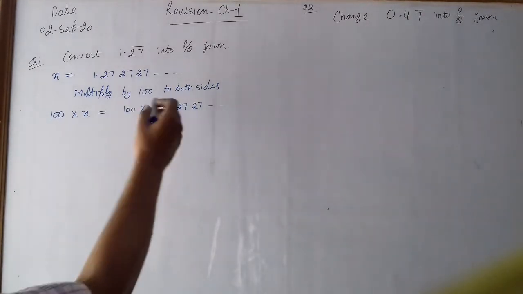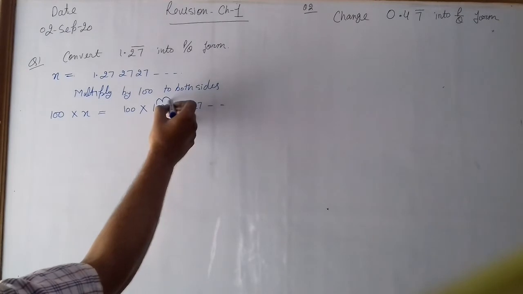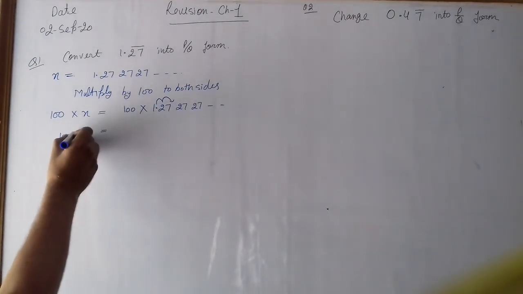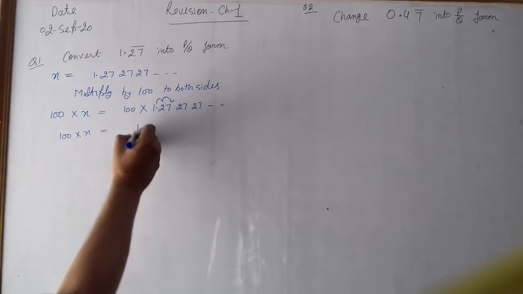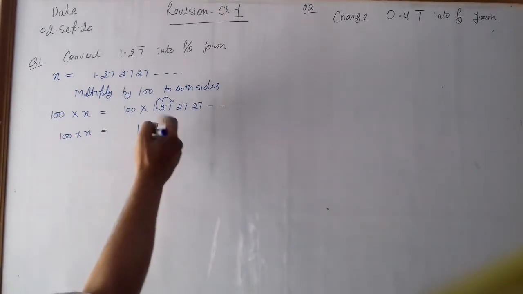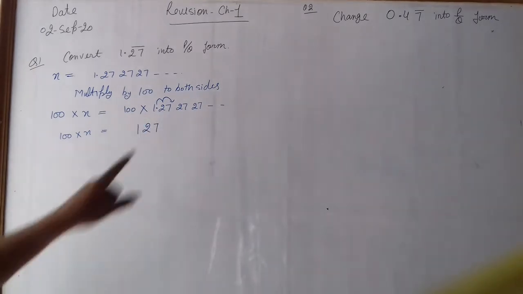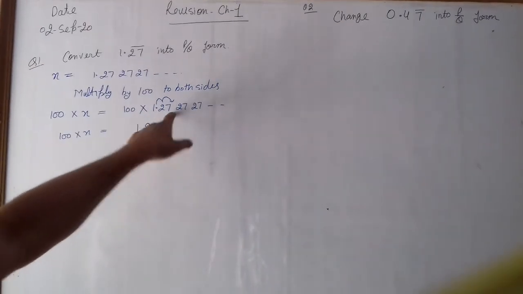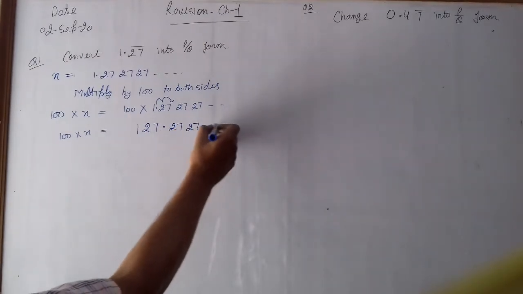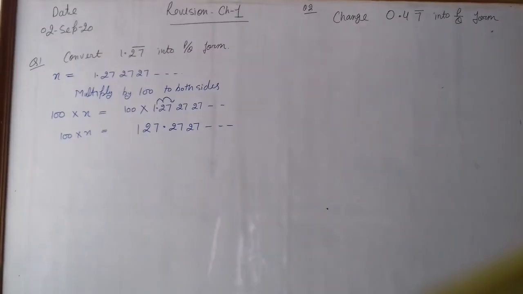Here two digits are there. So the decimal shifts after 1 and 2, so we have 100 into x is equal to 127.27, 27 and so on. This is the multiplication of 100 with the given number.